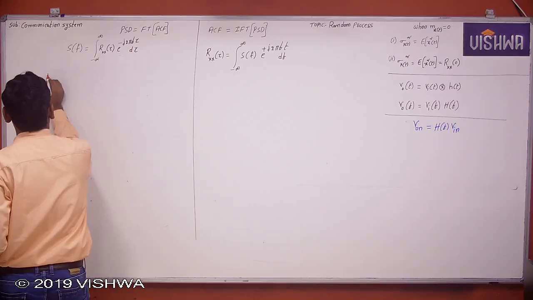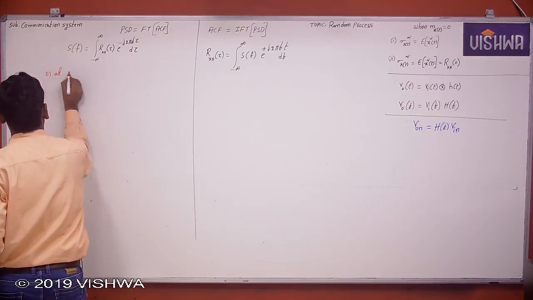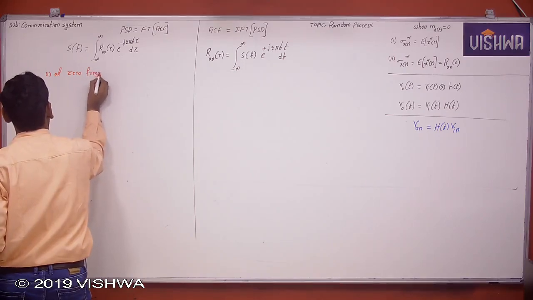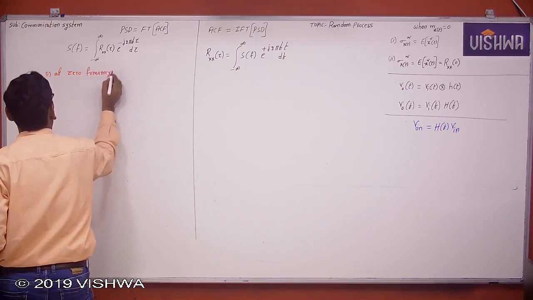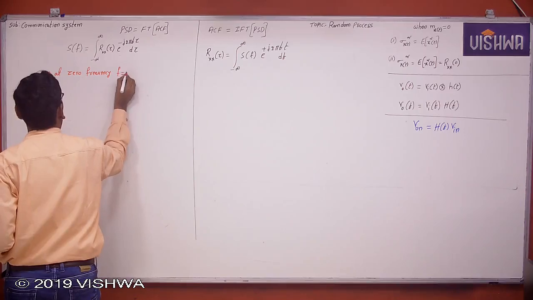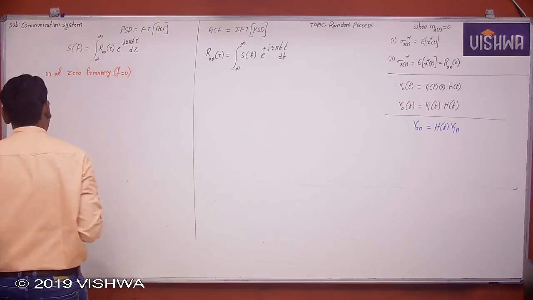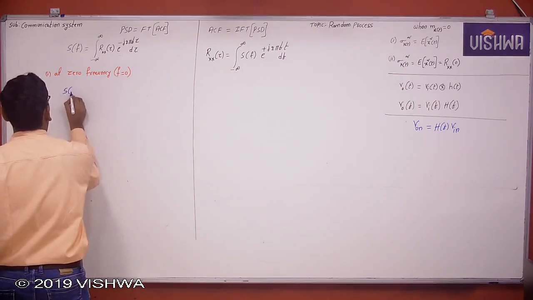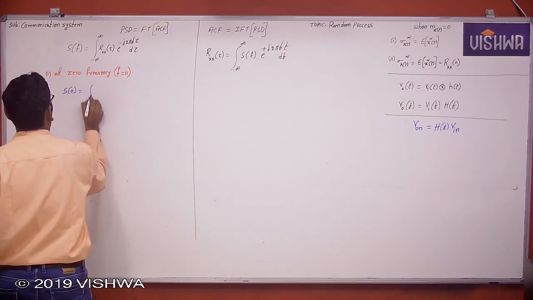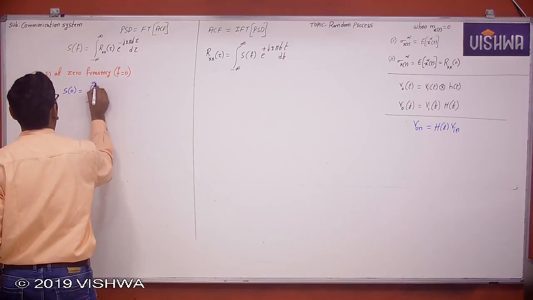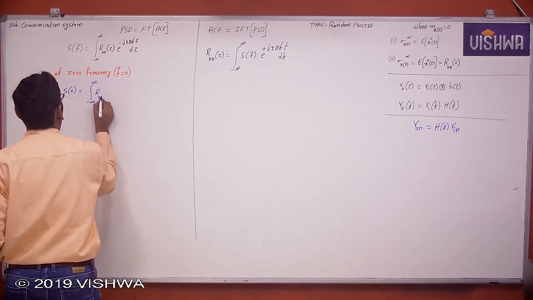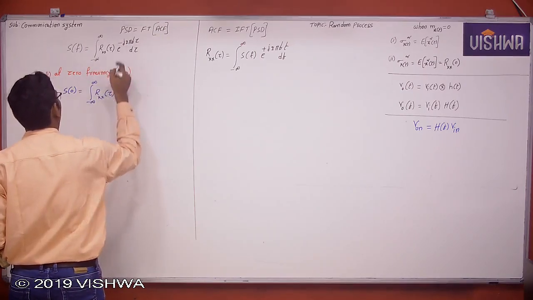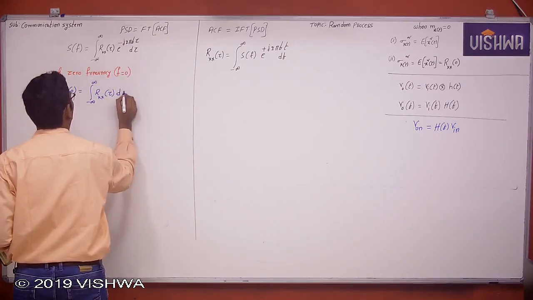Now, at zero frequency, f equal to 0, S of 0 is equal to the integral from minus infinity to infinity of Rxx of tau, with e power 0 equal to 1, into d tau.